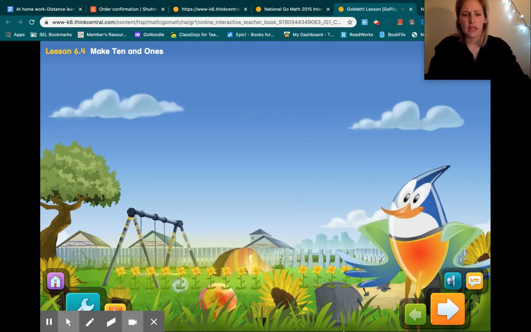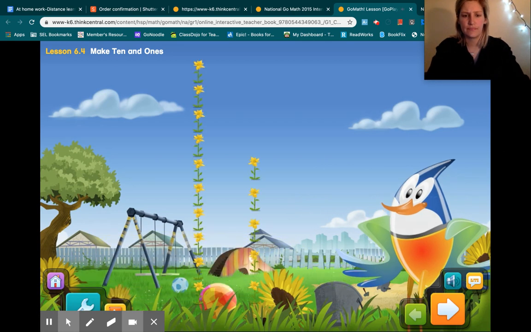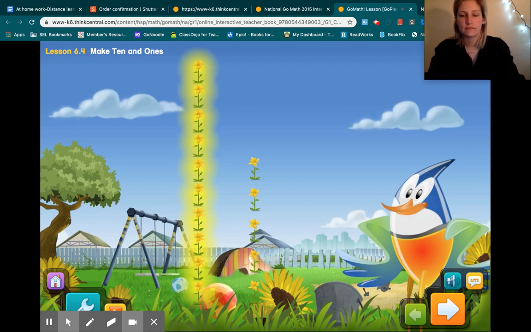And we're going to click the long row to make sure we're counting that they're 10. Let's count the flowers. 1, 2, 3, 4, 5, 6, 7, 8, 9, 10. Oh, that row is a group of 10.